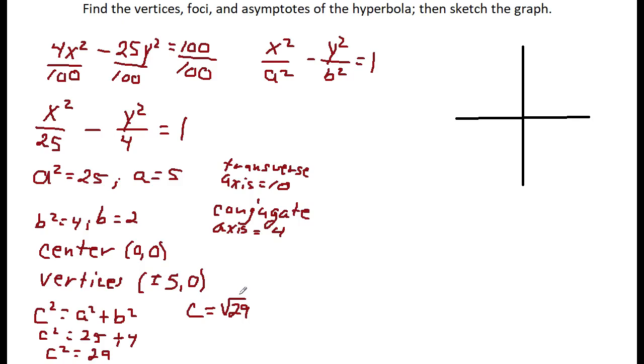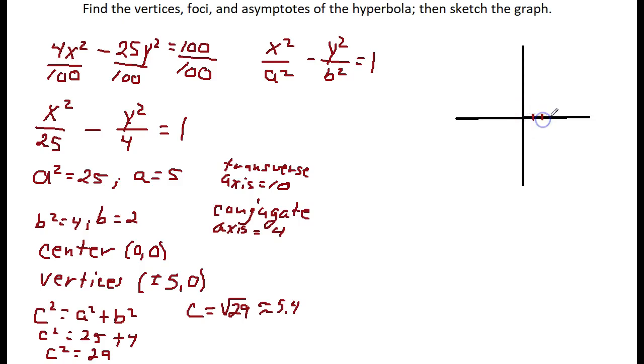Now, let's take a calculator and calculate that amount. So c is approximately, on my calculator it says 5.38, so about 5.4 units.